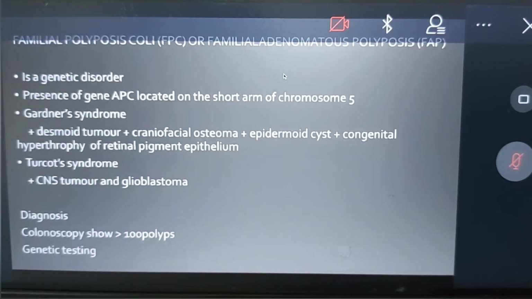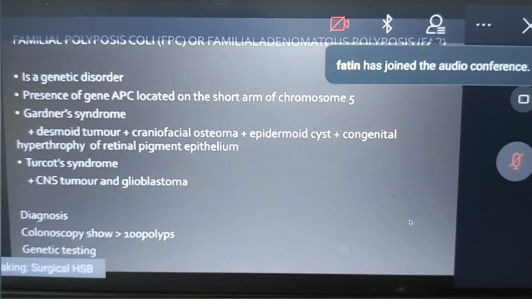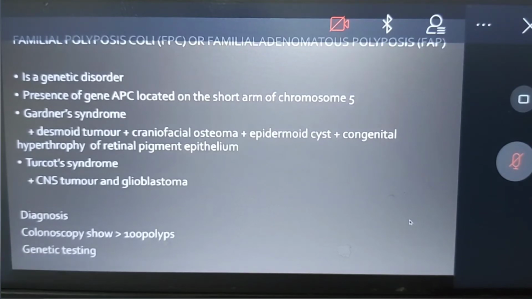This can be Gardner syndrome when the polyps are associated with desmoid tumor, craniofacial osteoma, epidermoid cysts, and congenital hypertrophy of the retinal pigment epithelium. It can also be Turcot syndrome when it is associated with CNS tumor and glioblastoma.